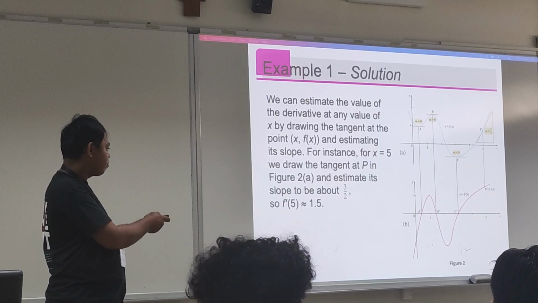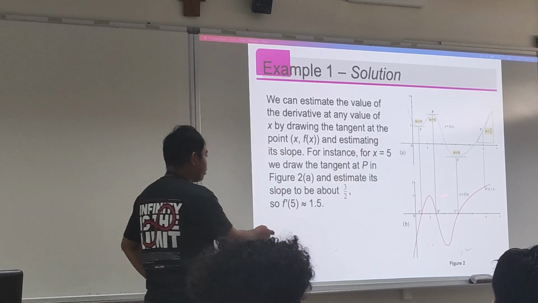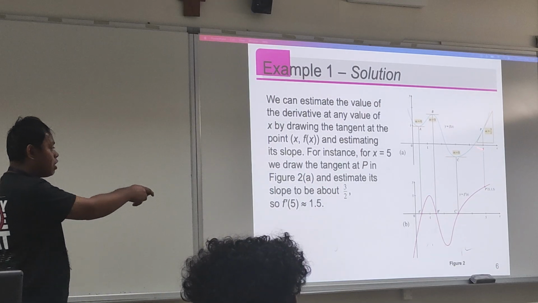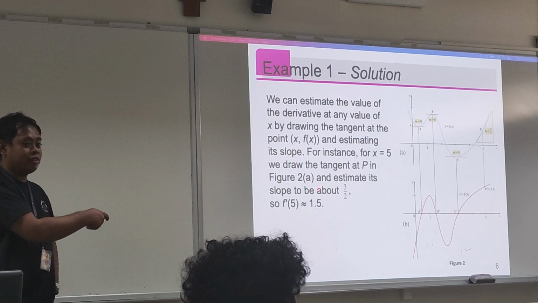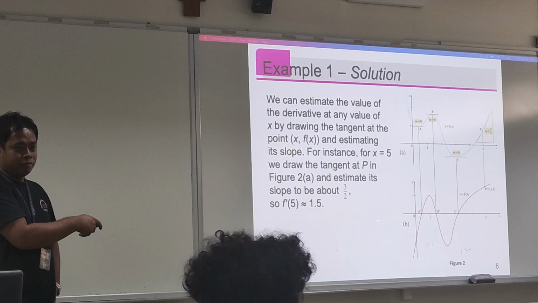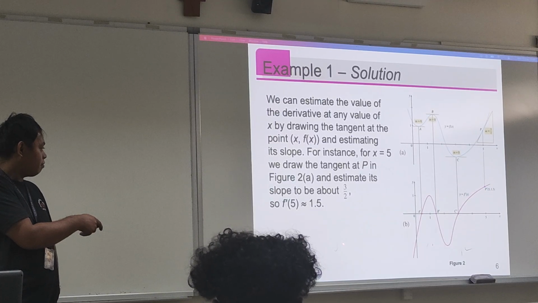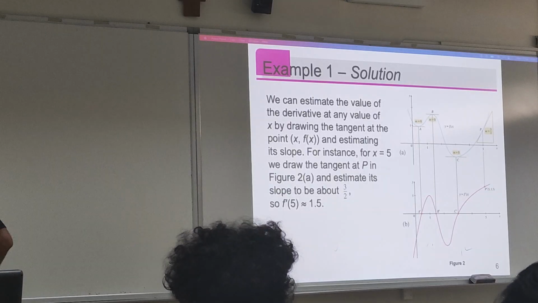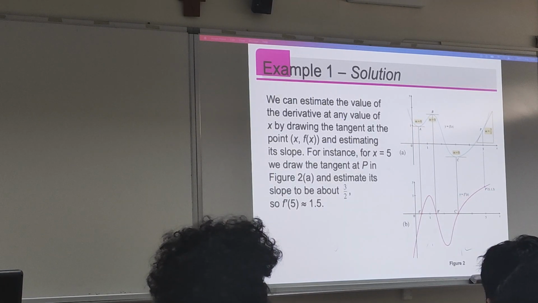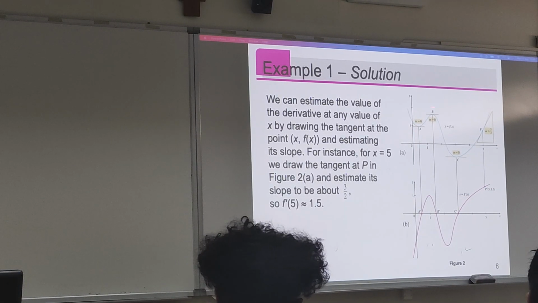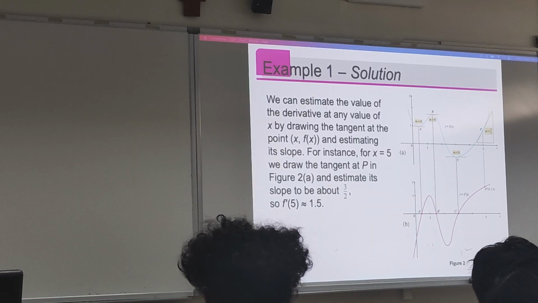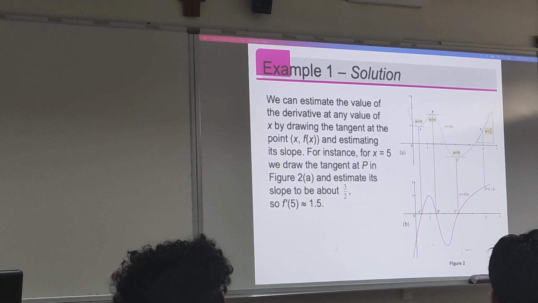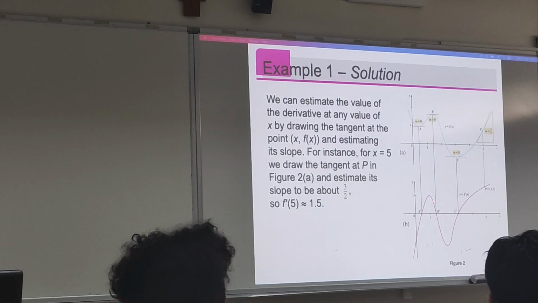So with that, this will be the corresponding derivative of this given function. This is just the derivative. So when you plot that, that will be the resulting derivative of your function.